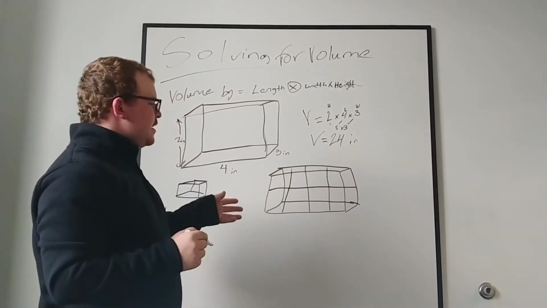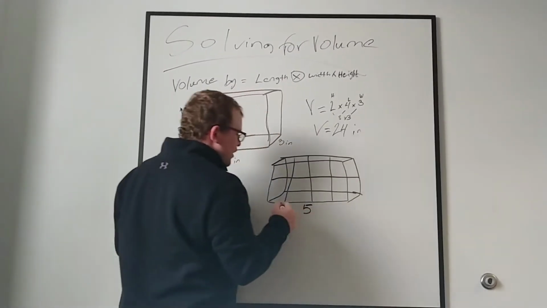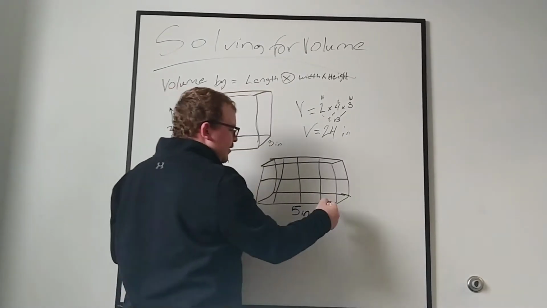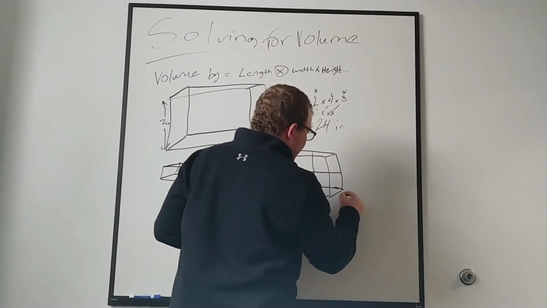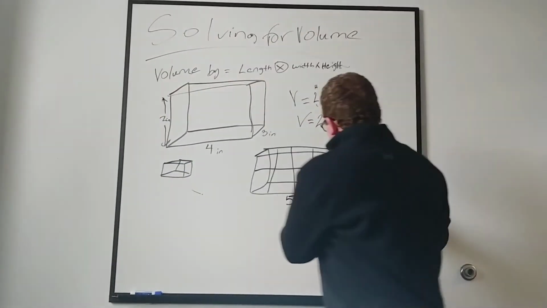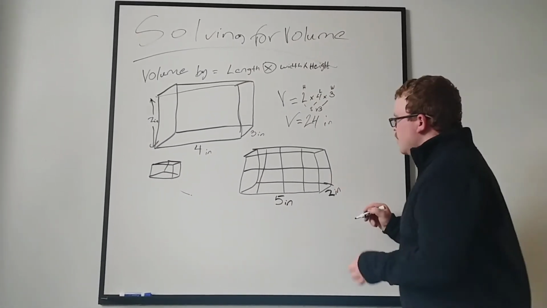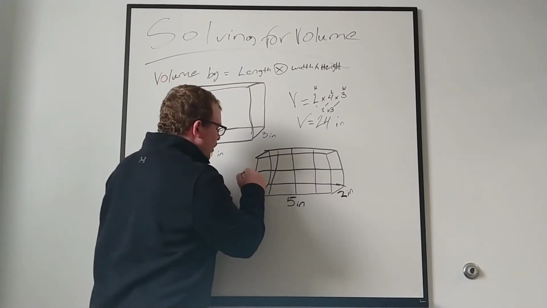Okay, so here's an example. So if we had 5, this isn't the best drawing. If we had 5 rows on the bottom of blocks, then we had about 2 rows on the side, which is our width, and we had our height be 2 blocks tall.